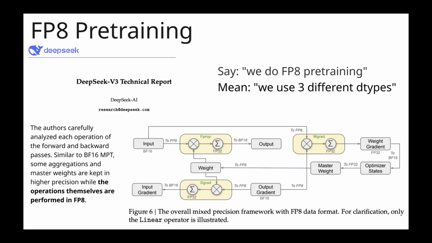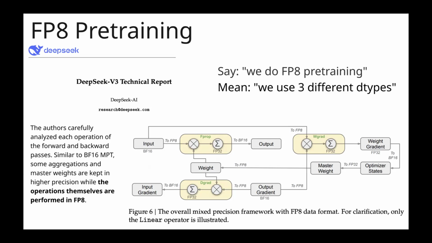Moving on to the more extreme quantization techniques that are applied nowadays. DeepSeek v3 is the first public instance of training a model at this scale in this extreme precision. Although I believe frontier companies like OpenAI and Anthropic have adopted this method long before them, maybe half a year or even a year in advance.